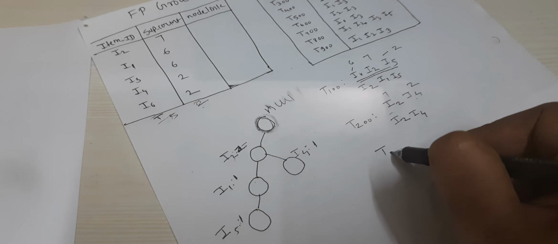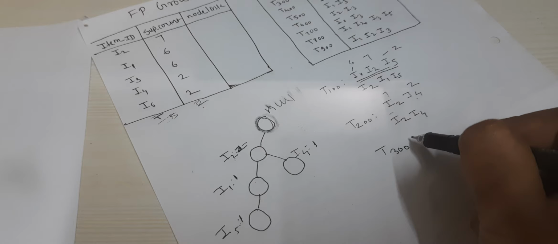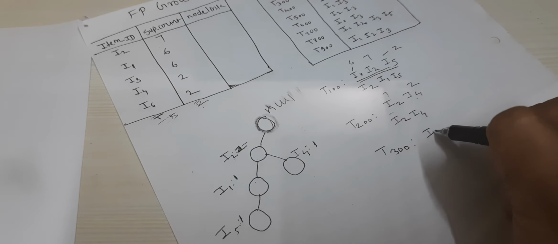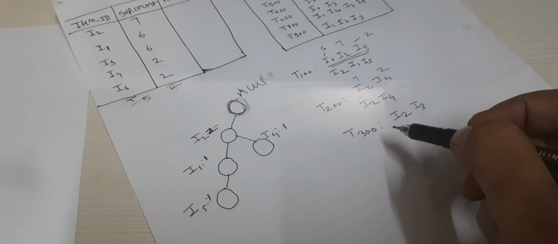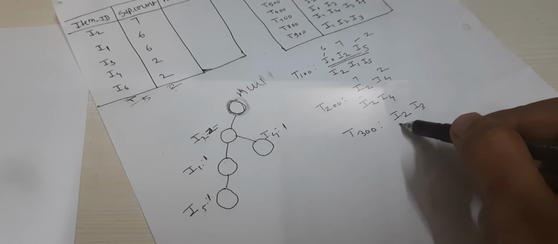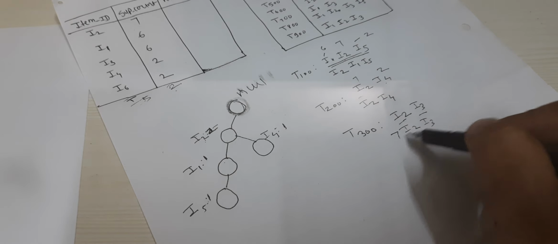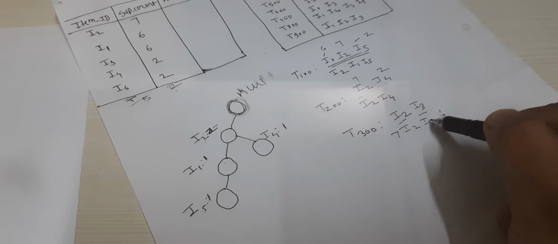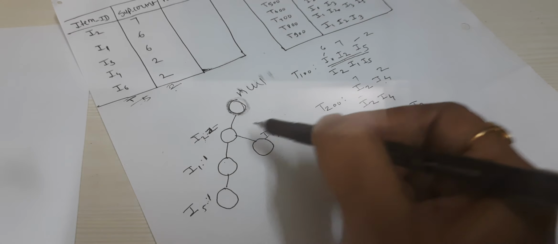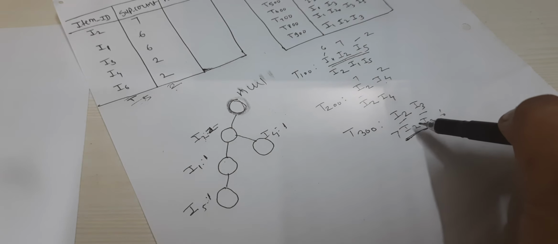Now see T300. It has I2 and I3. Now see what is the sequence of this I2 and I3. It's I2 and then I3. Its support count is 7 and its support count is 6. So here you have to draw the tree for this.